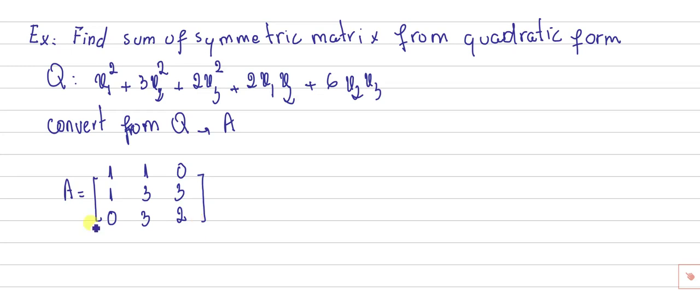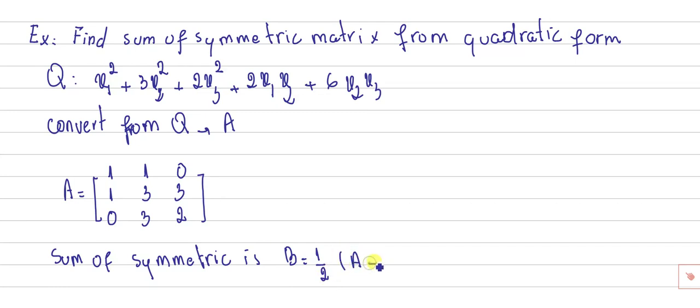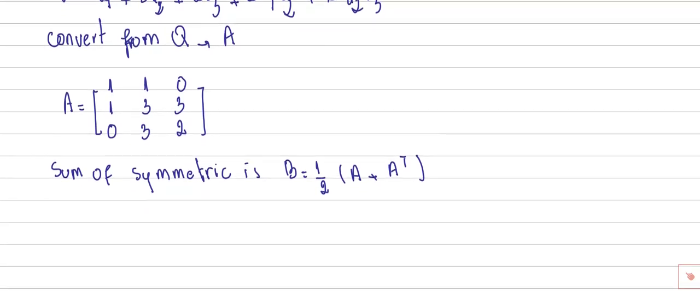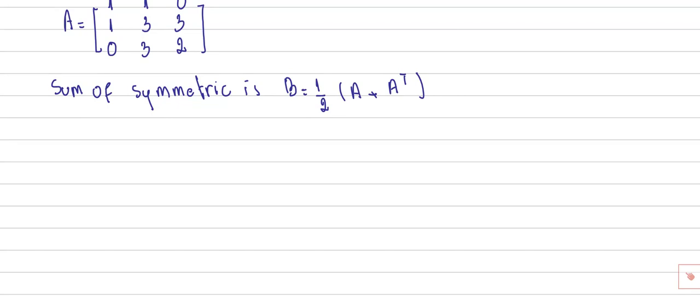And the symmetric part of matrix A is B, equal to 1 over 2 times A plus A transpose. So now we get A plus A transpose.